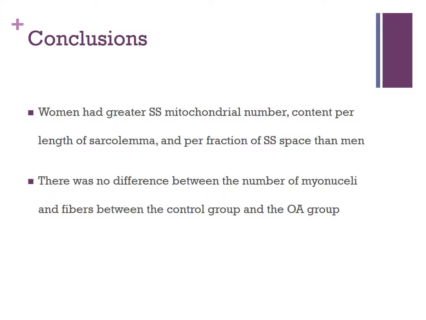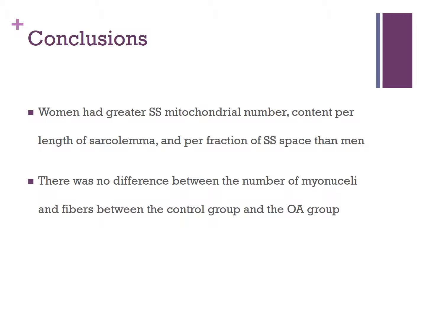So these are the conclusions that came from the results. One reason they gave for women having a greater SS mitochondrial number than men is that in women, a higher SS mitochondrial number actually shows positive phenotypic changes, while in men, it actually shows negative phenotypes, especially when the subject has experienced disuse of muscles.